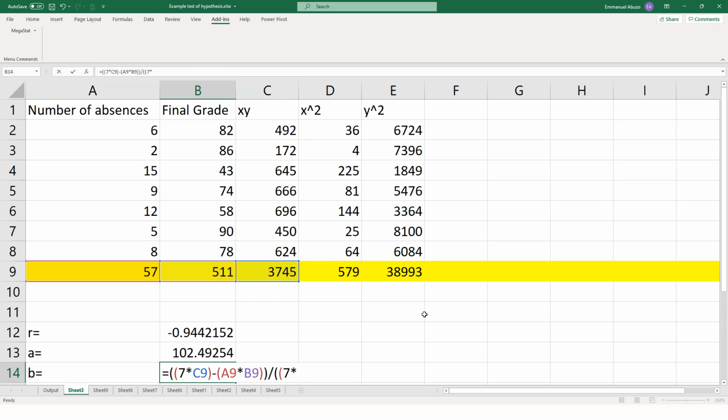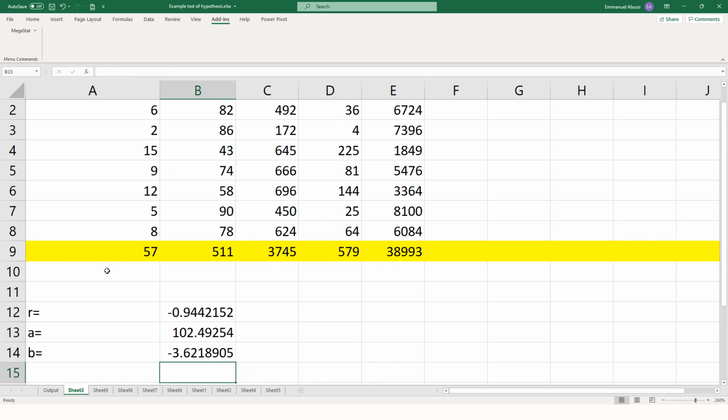For x squared, that is 579, close, minus, open, the squared summation of x. So our x is the number of absences, so this one times itself. Close and another close. And then we have negative 3.6218905. Round off, we have negative 3.622. So that's how we are going to have our A and B.